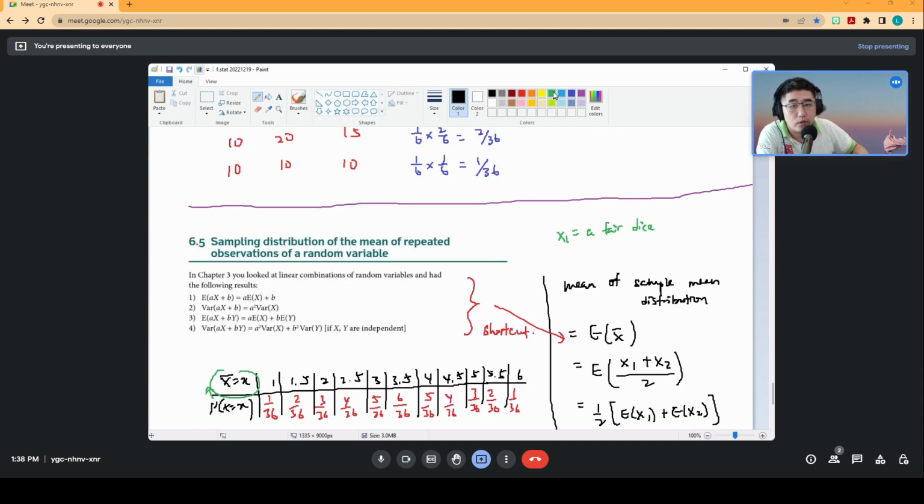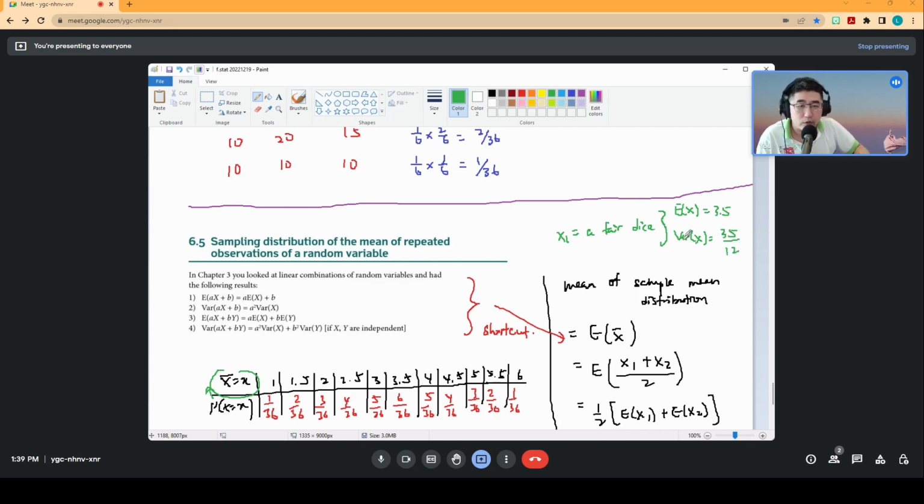So this tells us the expected value of x equals 3.5. The variance of x, from the discrete uniform distribution, what do we have here? 35 over 12.